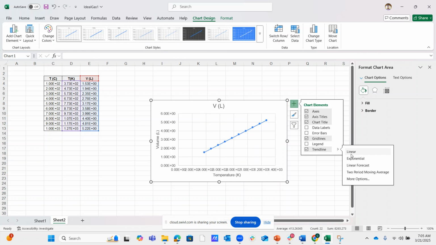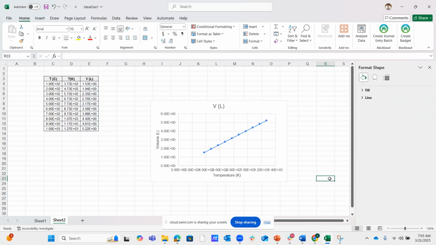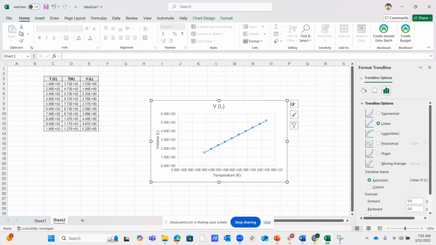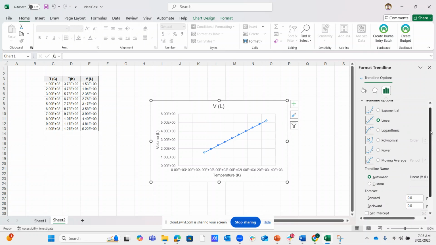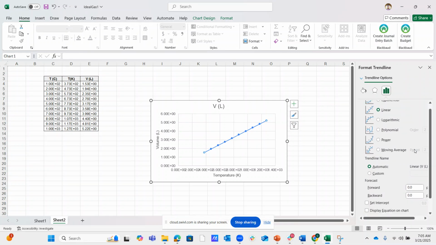Okay. So I just asked for the trend line. Yeah, so I want to see the equation. So look, you see when I clicked on the trend line, it opened this. They're telling you to format the trend line. Now I know my equation is a linear equation, so that is selected, linear.